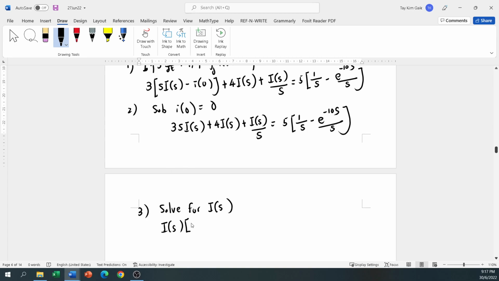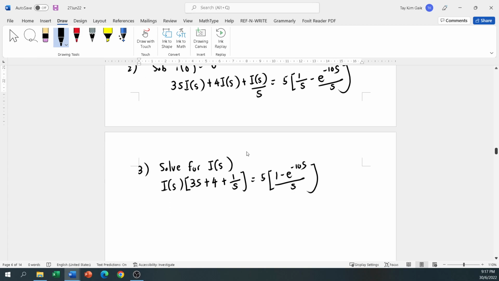So first term you got 3s, second term 4, third term, factor out I(s), so left 1 over s, equal to 5 times 1 minus exponent negative 10s over s. Left side, right side you got over s. So this term we times s, we divide s. First term times s divide s. So that we got I(s).